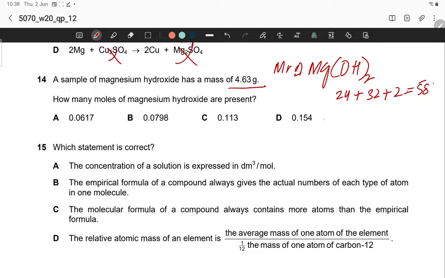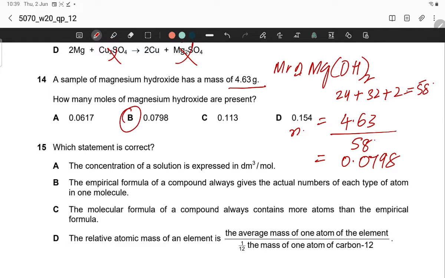So the mass is 4.63, divided by 58. The moles are 0.0798. B is the correct option.